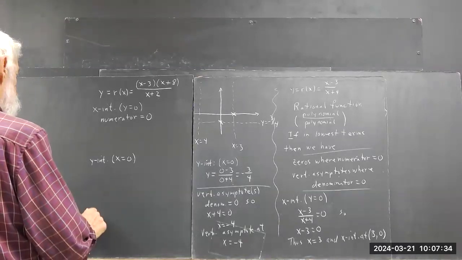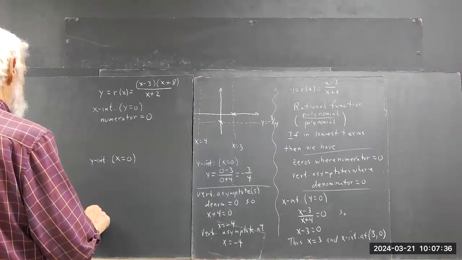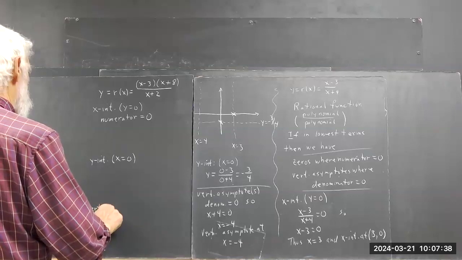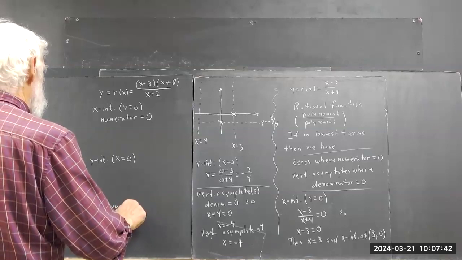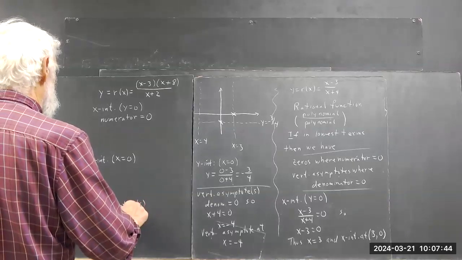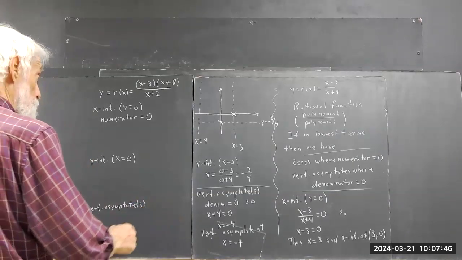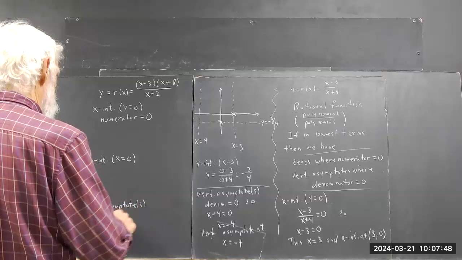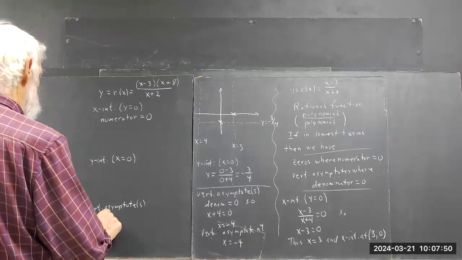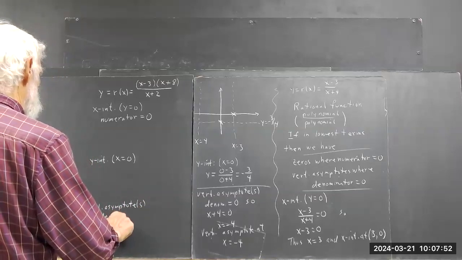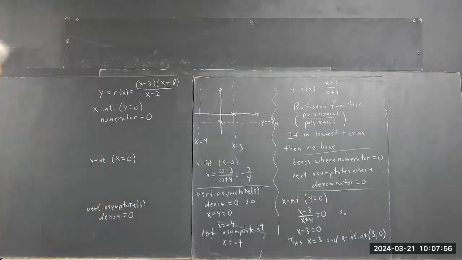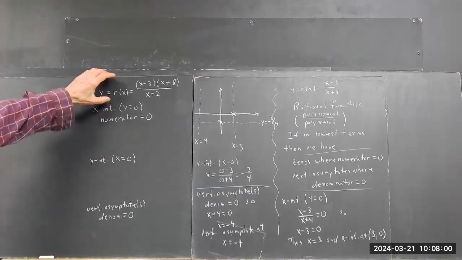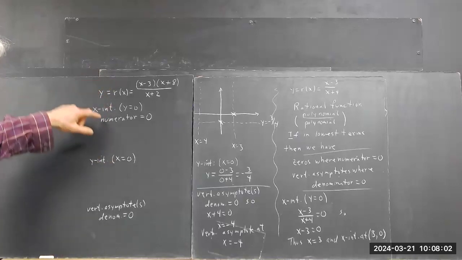And then vertical asymptote or asymptotes occur when the denominator is 0. So I'm going to ask you to go ahead and see if you can fill in what you get.